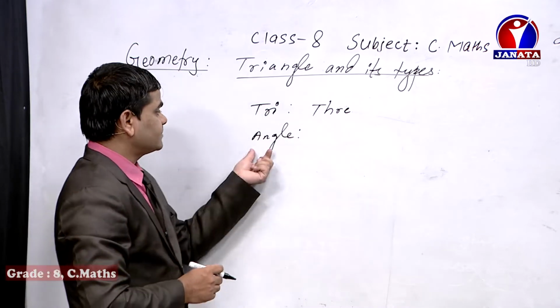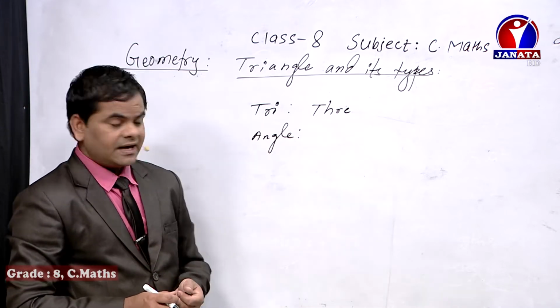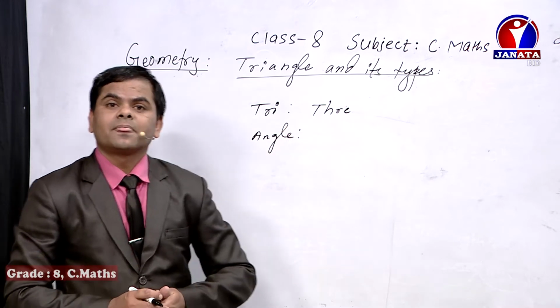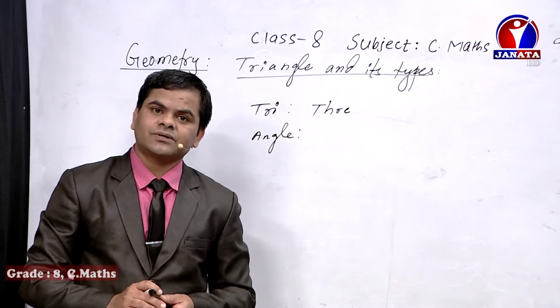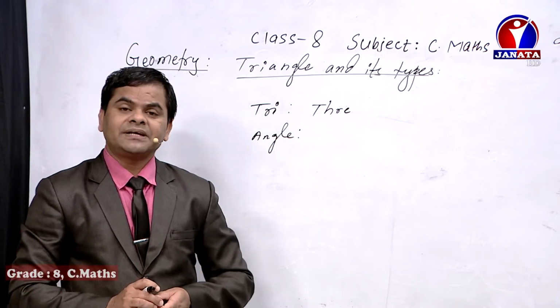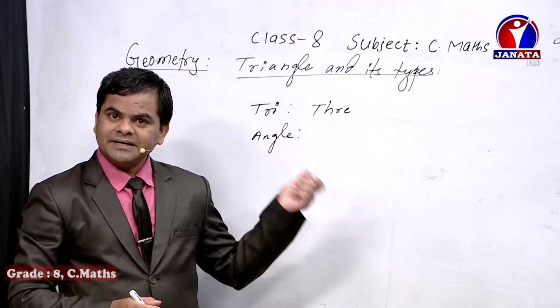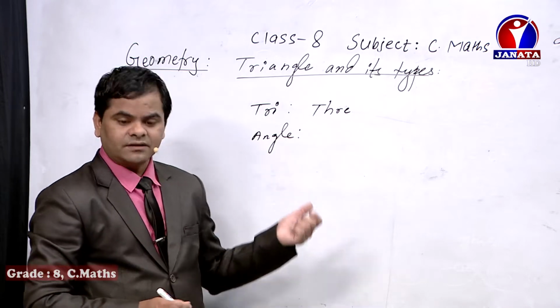Angle means the general angle. By combining together, a polygon having three sides joined to each other, having three vertices, is known as the triangle. A polygon having three sides and three angles is known as the triangle.